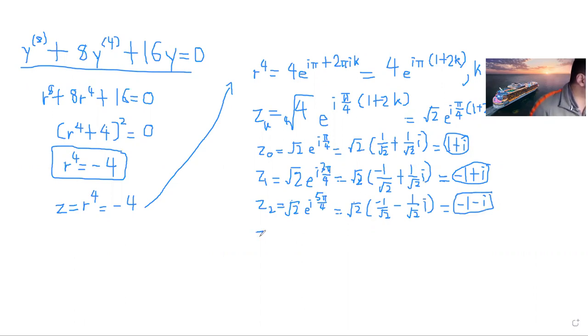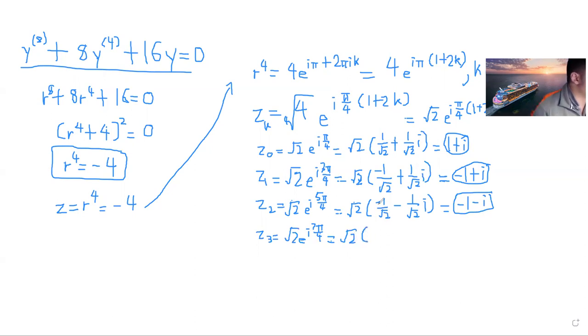And z3 is equal to root 2 e to the i 7 pi over 4, which is equal to root 2.